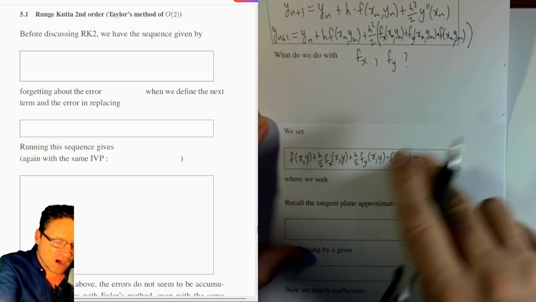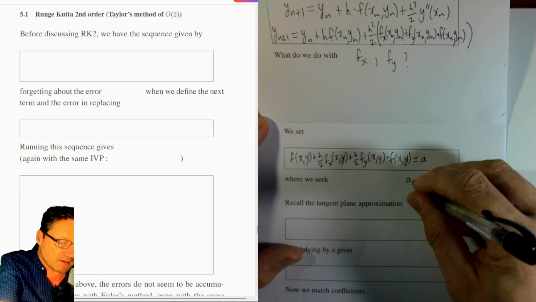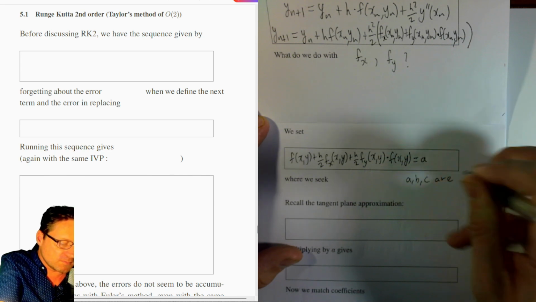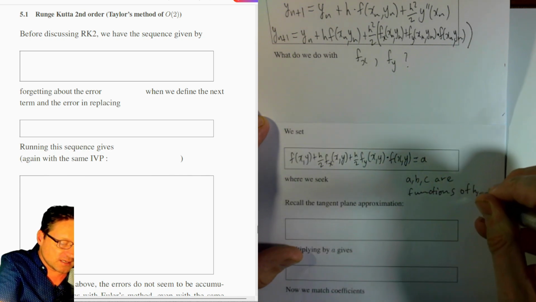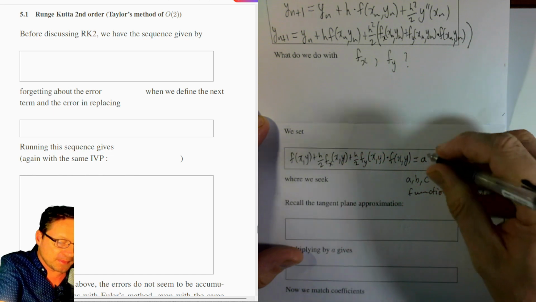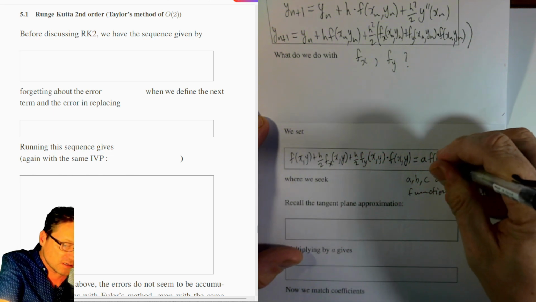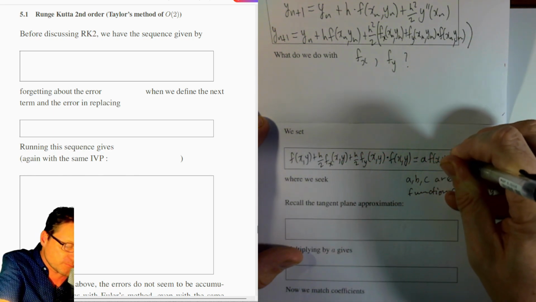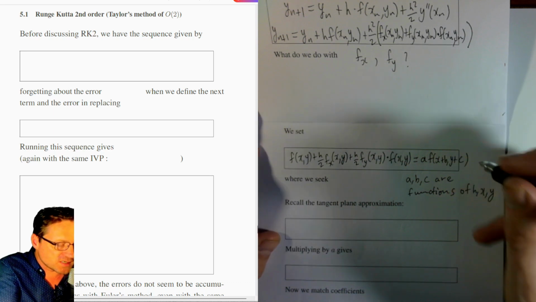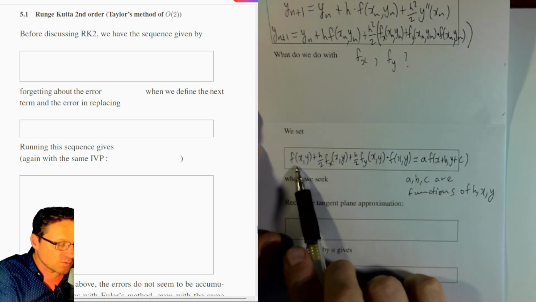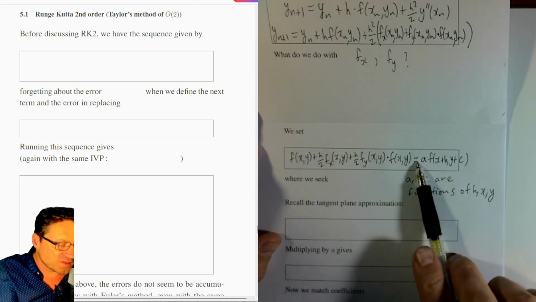Before I finish writing this, let's note a, b and c are functions of h, x and y. So a times f(x plus b, y plus c). We're looking for functions such that we can replace this with this.